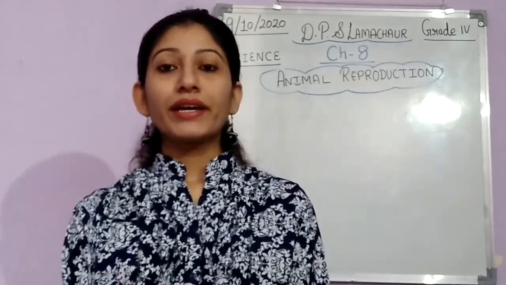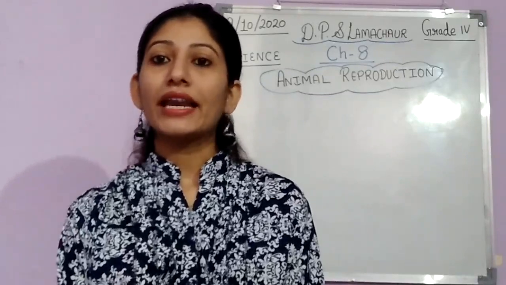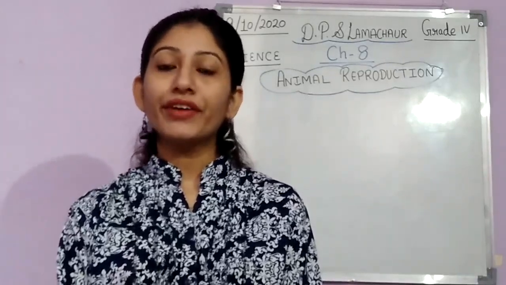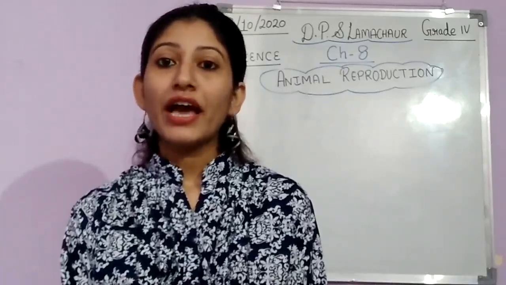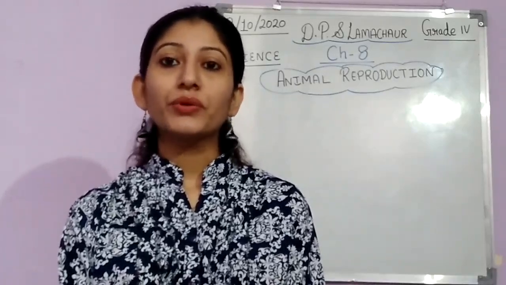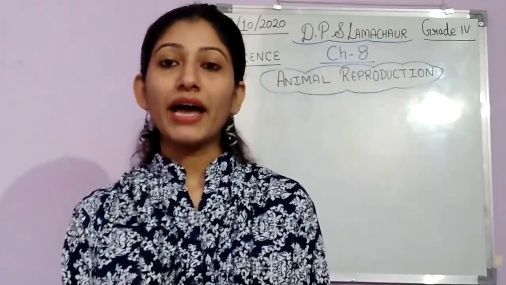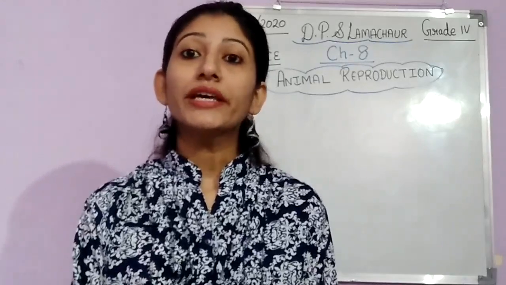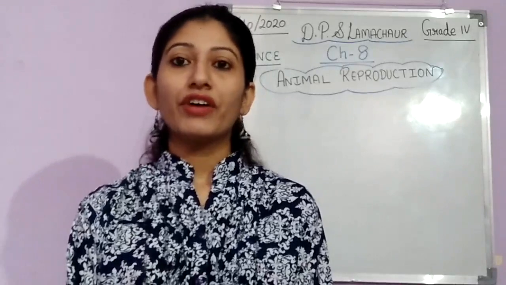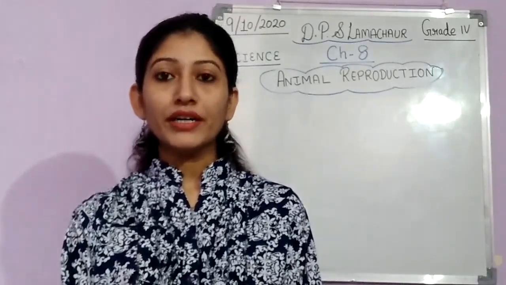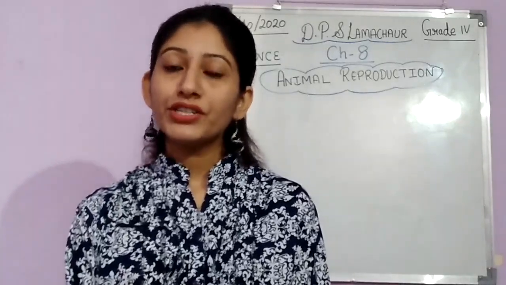Okay, so beta, as you all know, the name of our chapter 8 is animal reproduction, and here we have learned many things related to reproduction. First, we learned in our previous video the meaning of reproduction, where I explained that giving birth to young ones of their own kind is called reproduction.